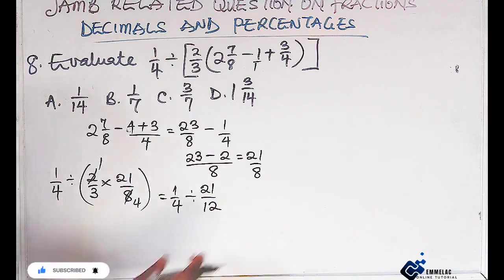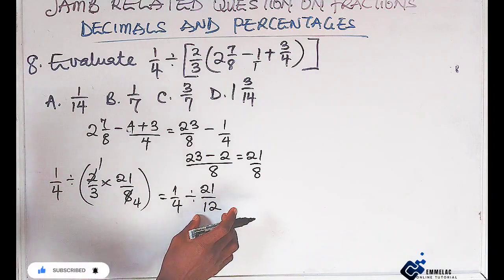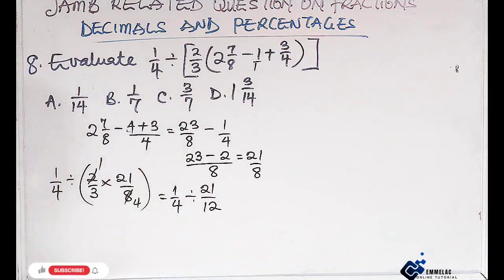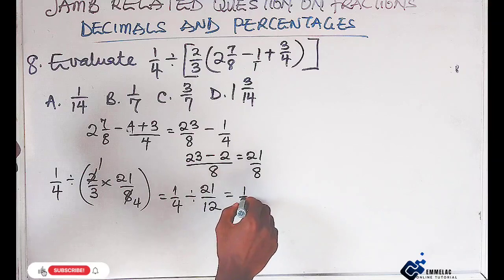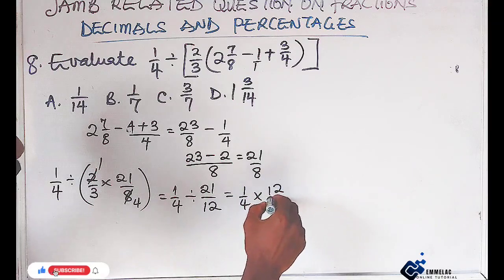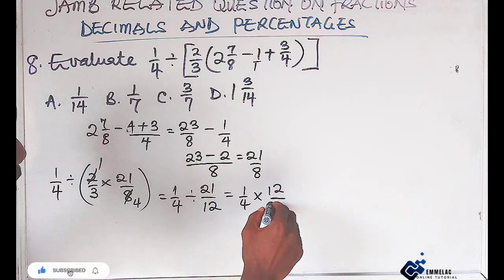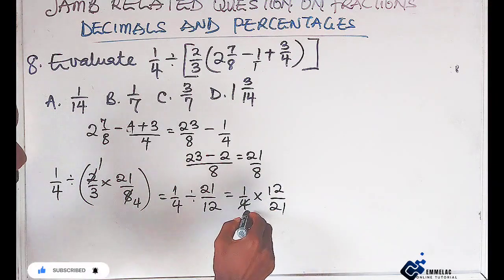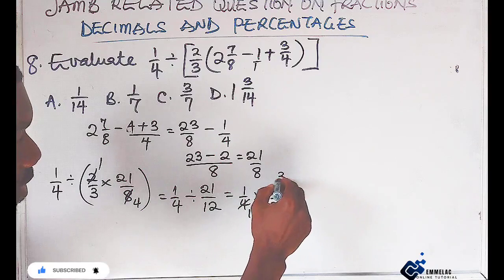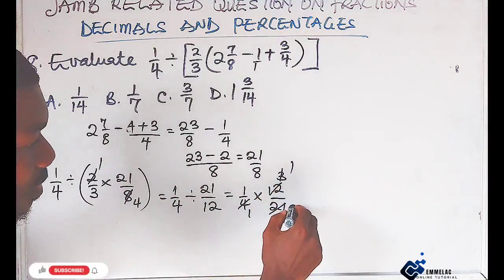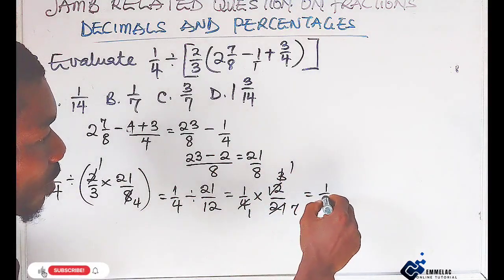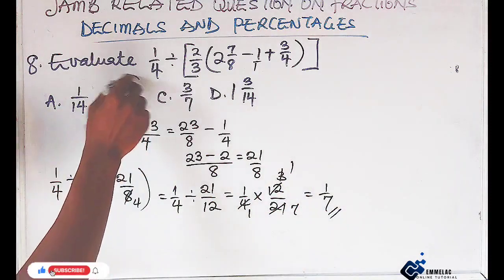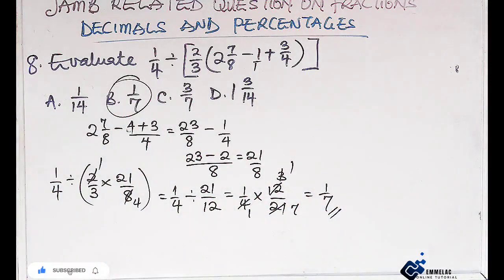We just need to flip 21 over 12 to change our division sign to multiplication sign. We have 1/4 times 12 all over 21. Now 4 here 1, 4 here 3, 3 here 1, 3 here 7. So we have 1 all over 7. That is B.